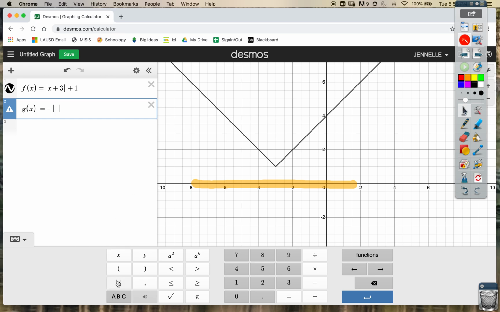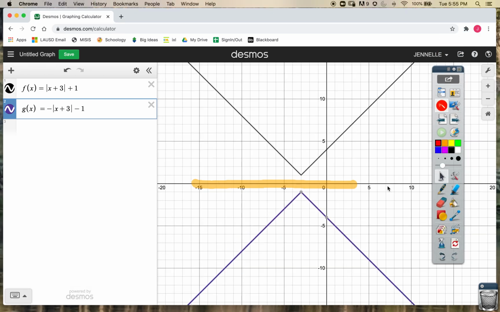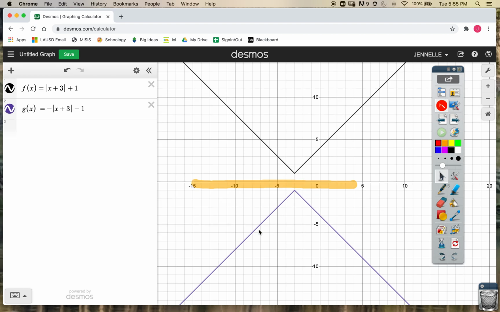It's going to be x plus 3, close absolute value, and instead of plus 1, it's going to be minus 1. That's how you know you did it right. Because if you look at them, it is a mirror. Let me move this out of the way. I'm going to zoom out a little so you can see it. It is a mirror image over the x-axis. So great, you did it right.